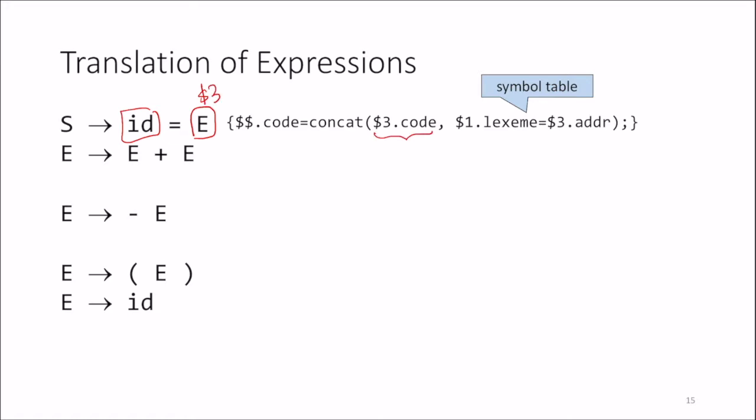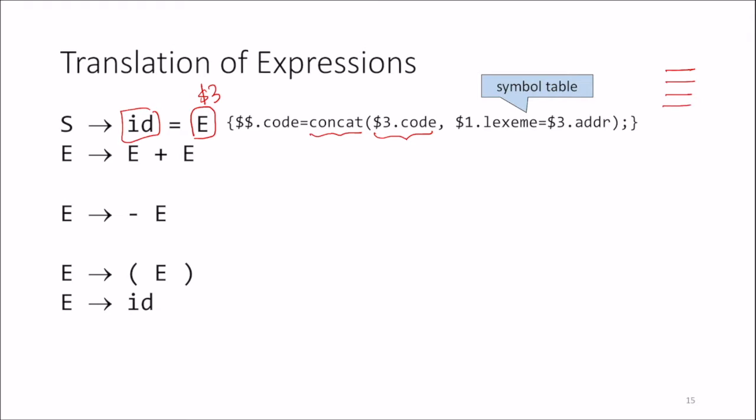So $3.code. Concatenation is just a shorthand over here to talk about taking code from multiple sources on the right-hand side of a rule and then concatenating them together. Essentially, when you concatenate them, you end up with a sequence of intermediate representation instructions, right?